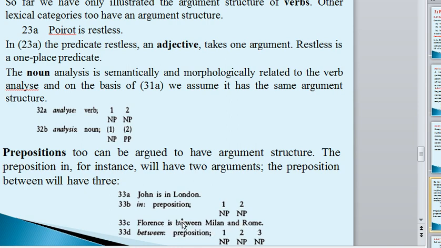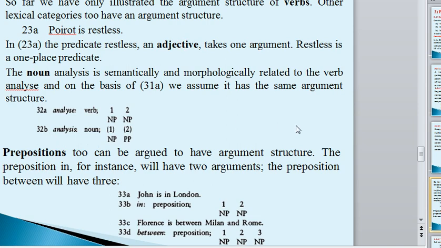You see here, between needs 3 arguments: Florence, Milan, and Rome. So until now we focused just on the verbs, but as you see here, some adjectives, nouns, and prepositions need arguments to complete their meanings.